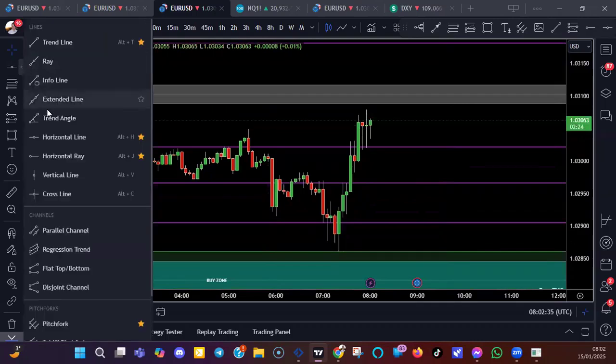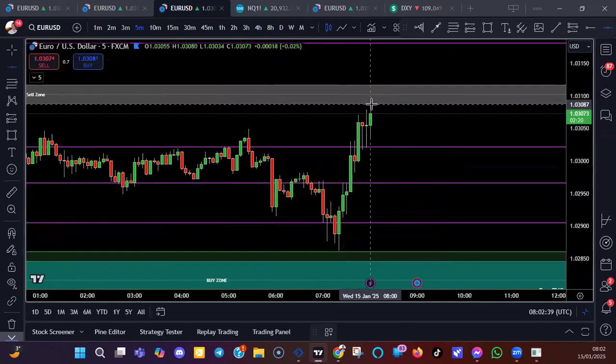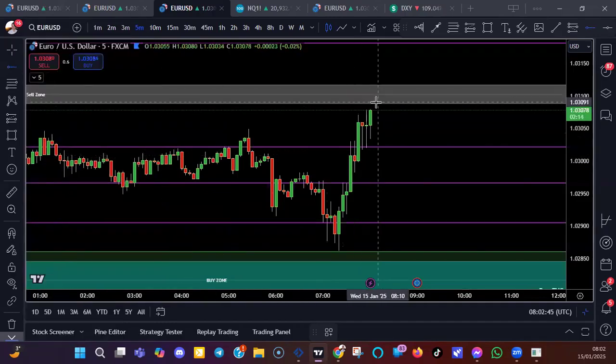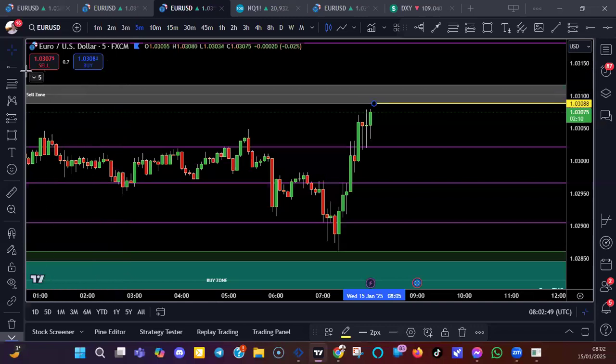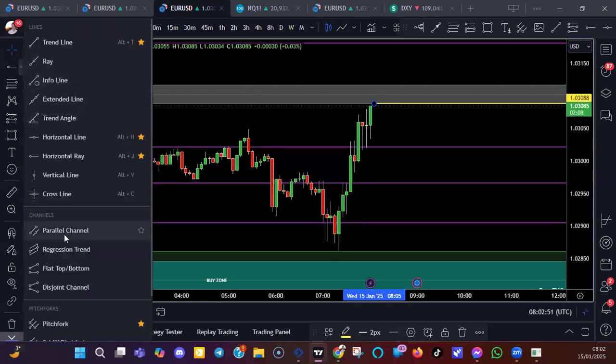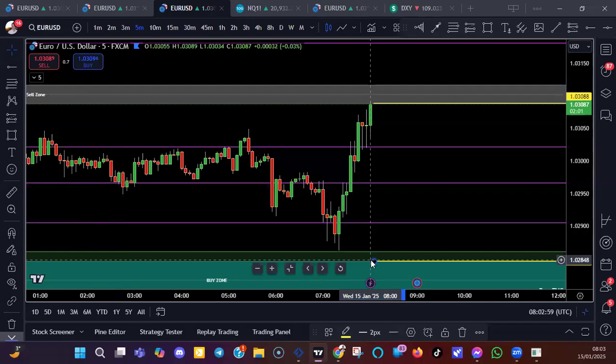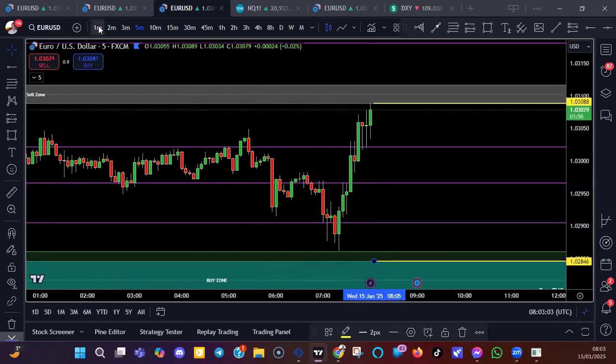We got a little bit more of an idea of what's going on. So I'm going to put a horizontal ray actually. This is a key sell zone. Then we've got the buy zone down here. So I feel I'm more in control of what I think price is doing.